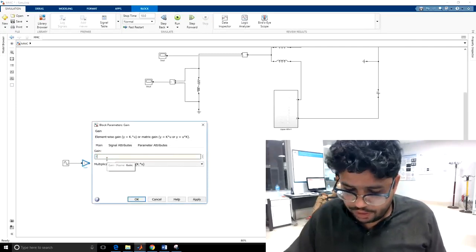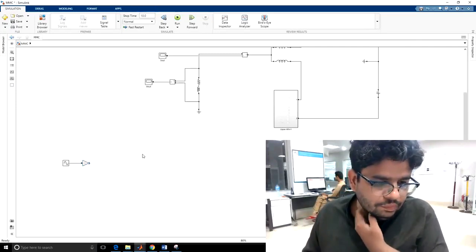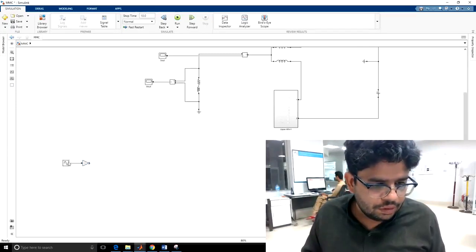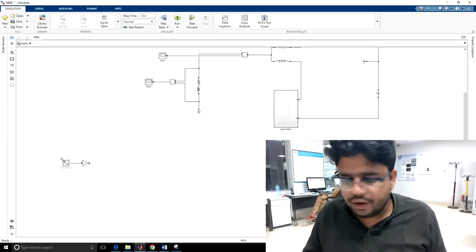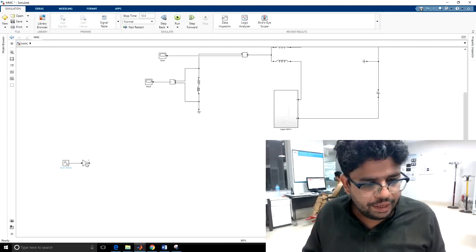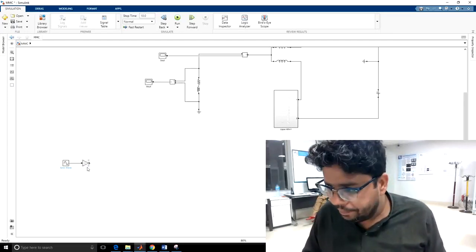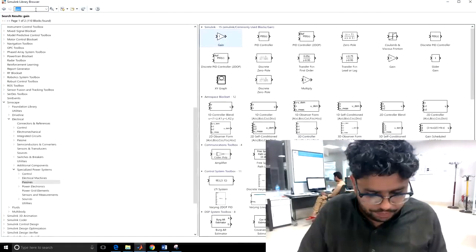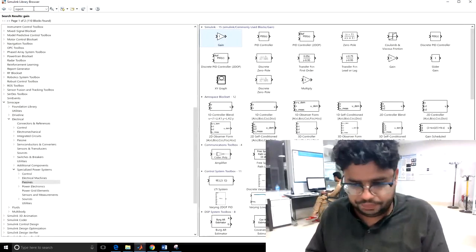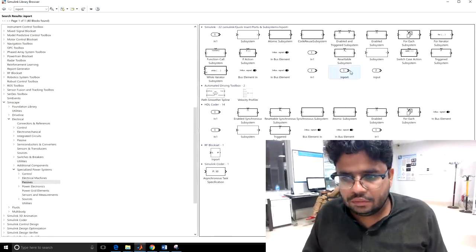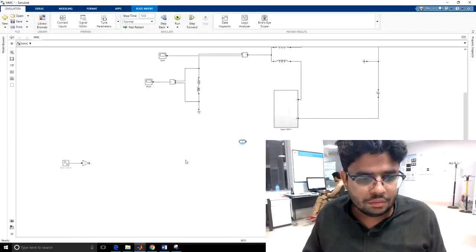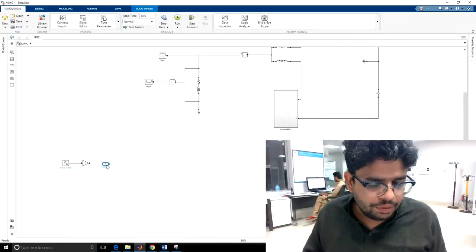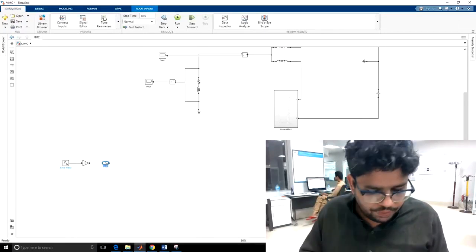Make it -1 to invert this sine wave. Therefore, I have added a gain with -1. Alright, then I need to pick up an input. This is the input. Let's name it U reference.